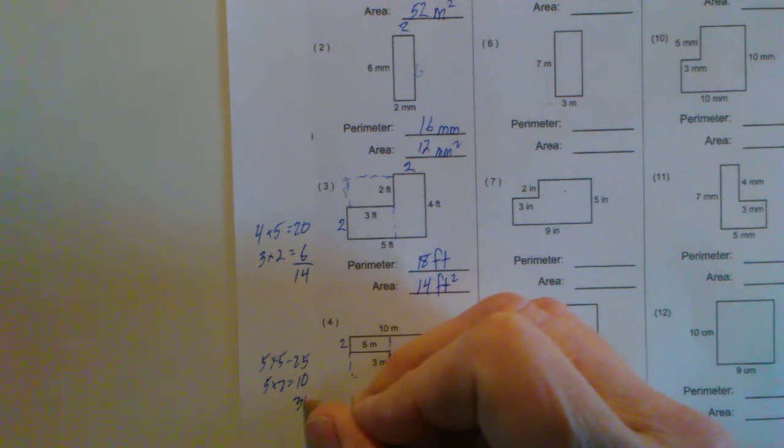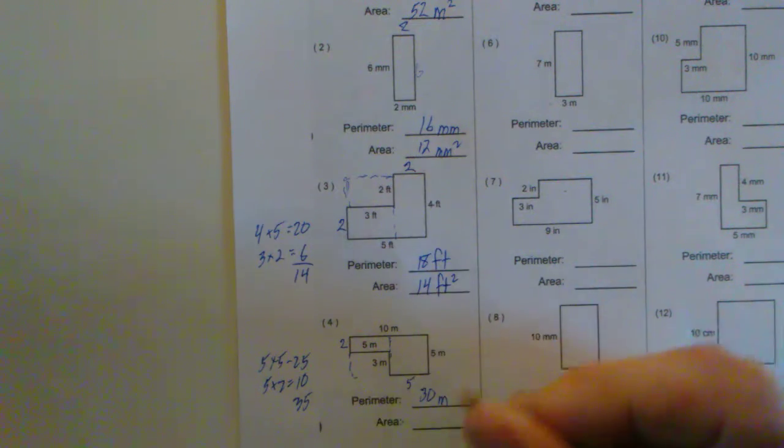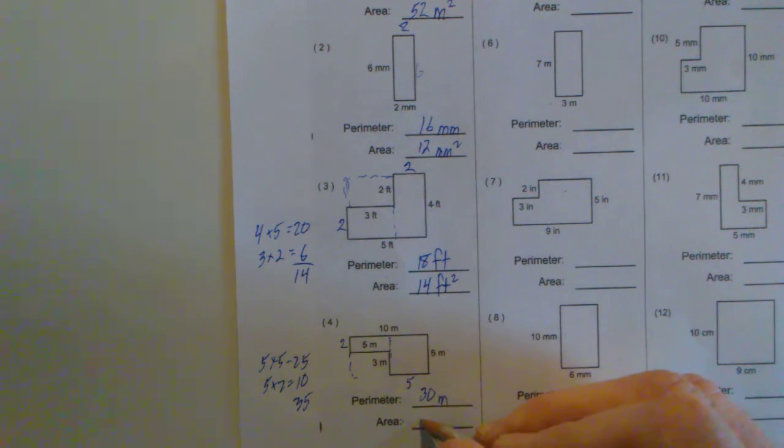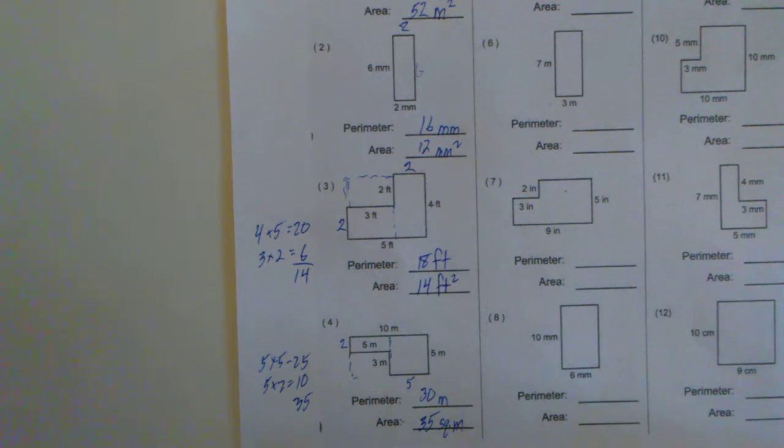Add them, 35, sorry. 35, I could put this way, square meters, or I could put meters squared. 35 square meters, 35 meters squared. Anyway, 35: 25 and 10. If I had done it the other way, I would have had 5 times 10, 50 minus 3 by 5, 15. 50 minus 15 is also 35.